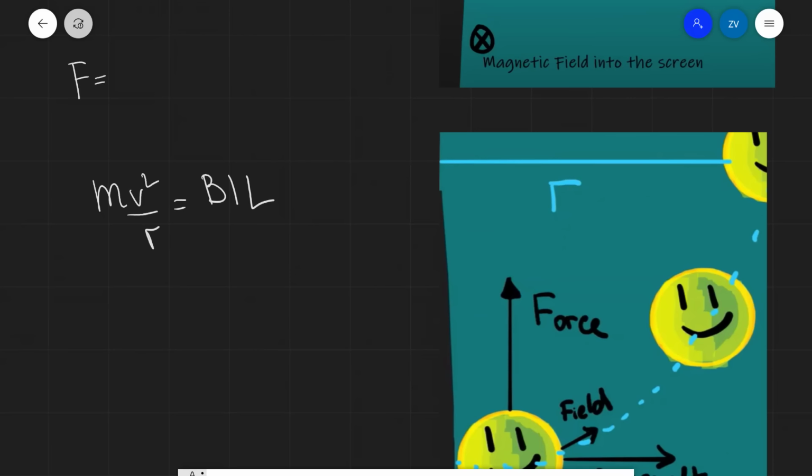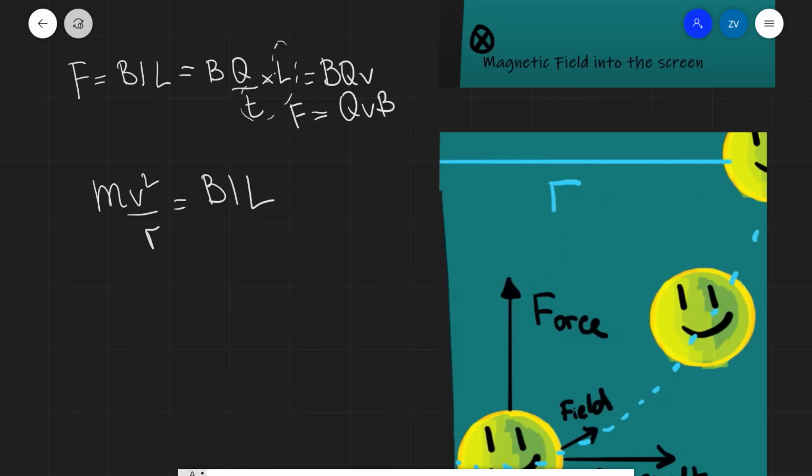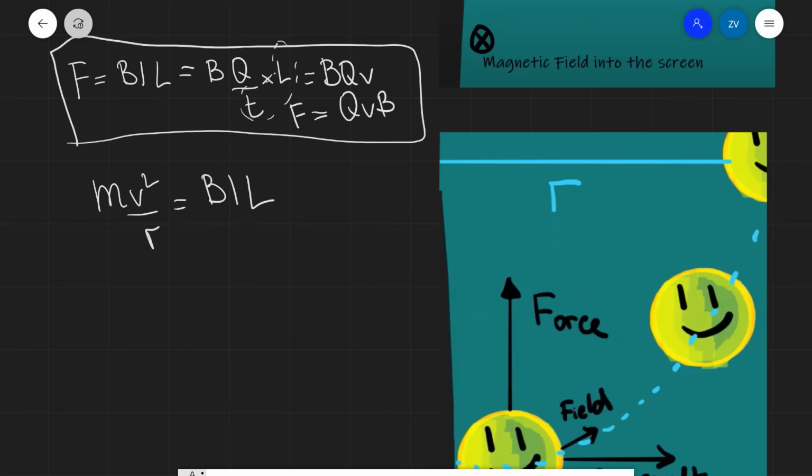Because we know that F is equal to BIL, and because our current is defined as the rate of flow of charge, it's going to be Q divided by t multiplied by L. We know that L over t is actually our velocity, so this is equal to BQ multiplied by v. We often write this as QvB, which is another expression for the magnetic force that's acting on a single charge.